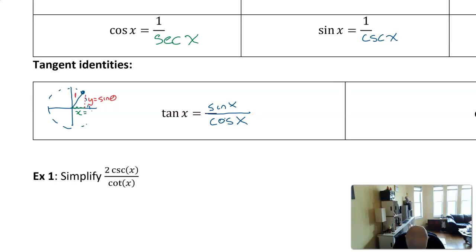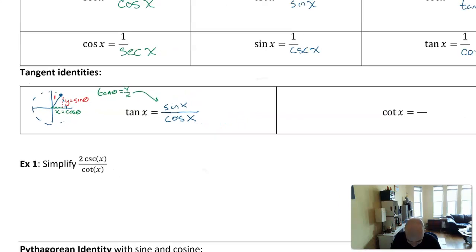And x is equal to the cosine of theta. But what's tangent? Tangent is y over x, which means that tangent is sine over cosine. And that's basically a proof of this identity. You could be a little more formal if you write it out, but that's a proof of this identity. Tangent is sine over cosine because it's y over x on the circle.